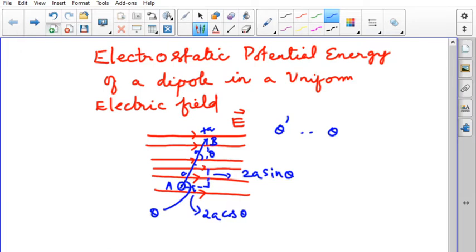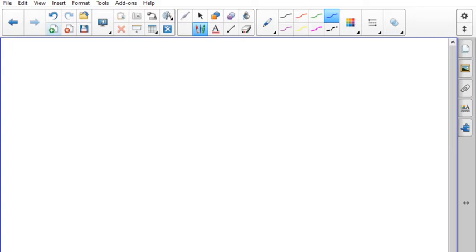This external torque is equal and opposite to the torque due to the electric field. Both are equal in magnitude.